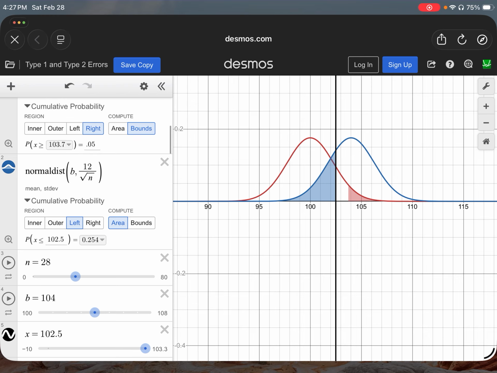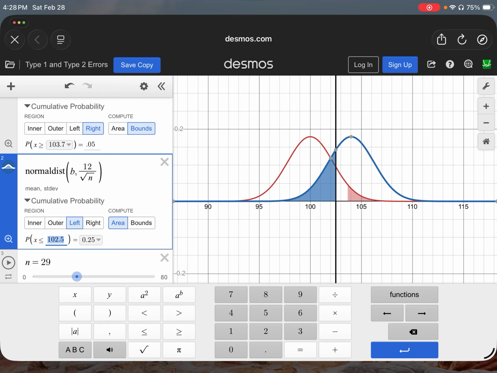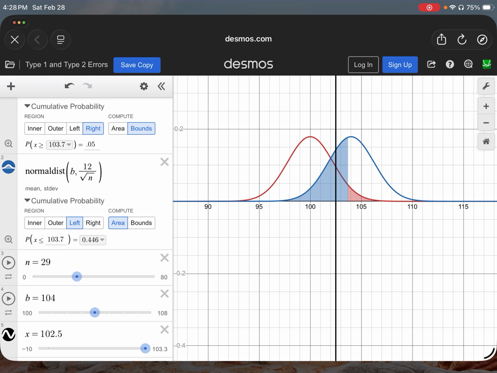If I go back to 5% here on the top, it's at 103.7. So if I type 103.7, that got a whole lot bigger, 44%, instead of, it was like 16%. Okay.